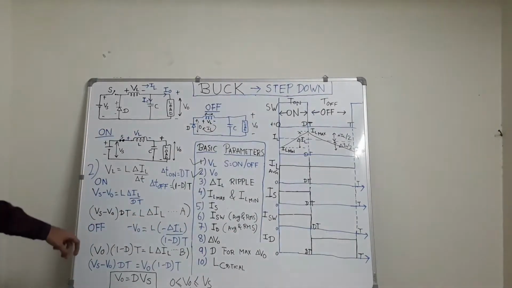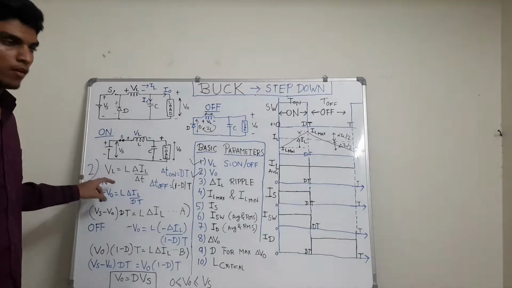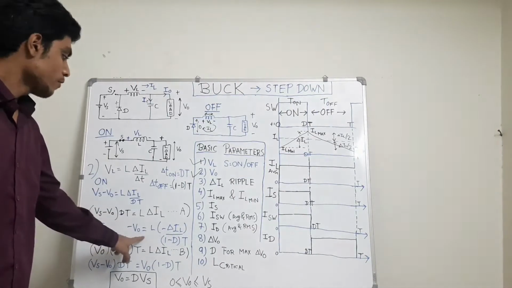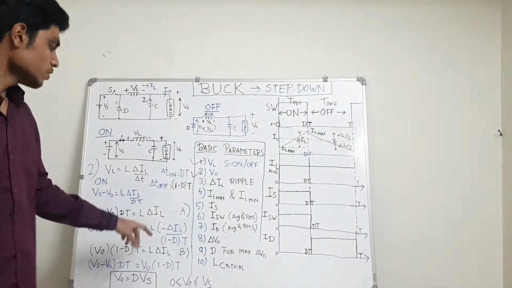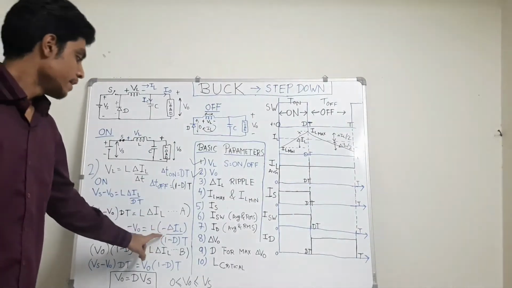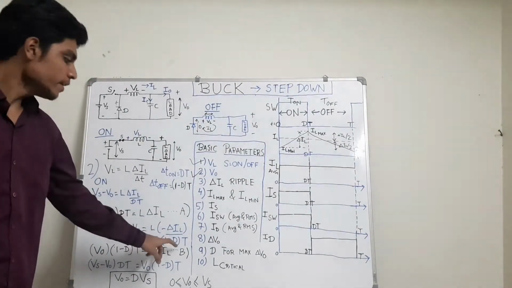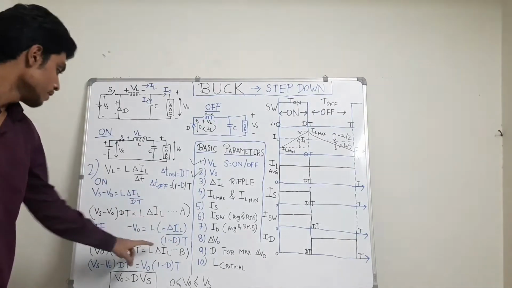So during off time, VL off was minus V0 equals to L into minus del IL divided by 1 minus d into t, that was del T off.